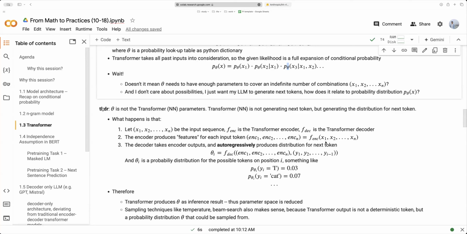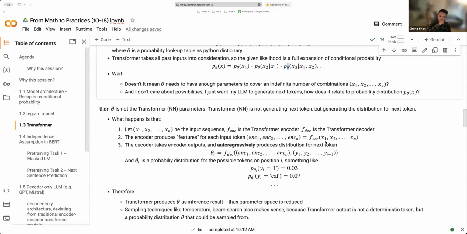Because as I understand them, once you train these models, it's the weights that are the pot of gold that GPT has, which you would use to fine-tune. So can you explain how the weights relate to theta?